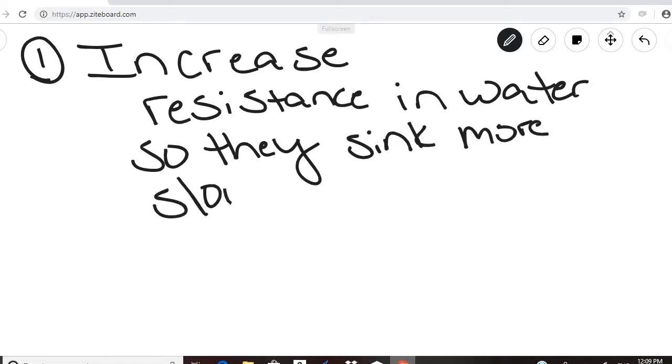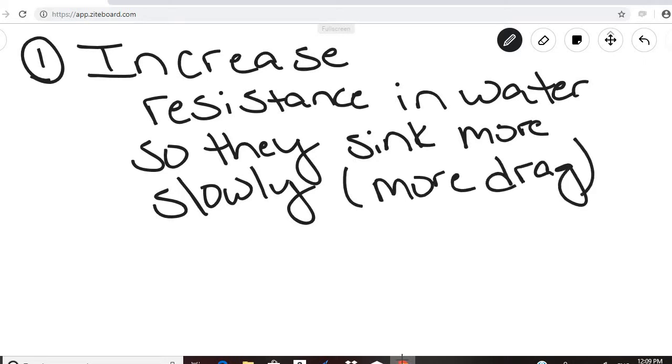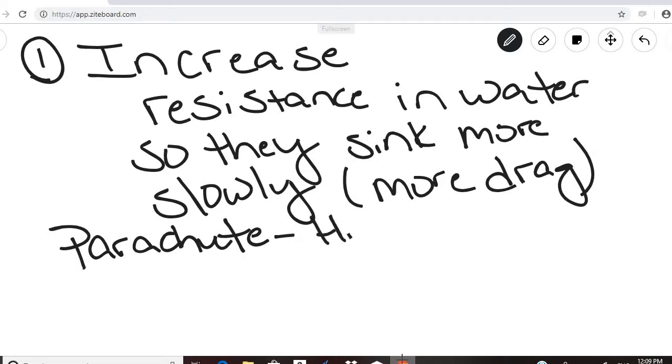So in other words, this means that they want to create more drag. And one of the ways that they do that is that they can act like a parachute, where they have a higher volume or a higher surface area per volume.